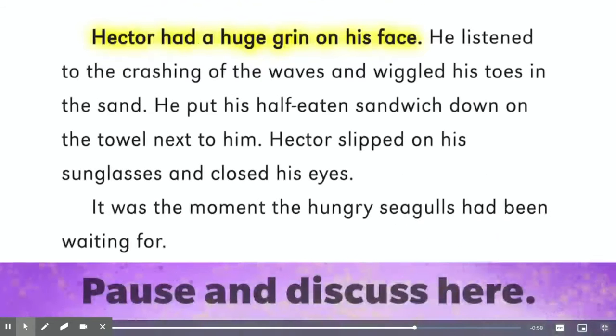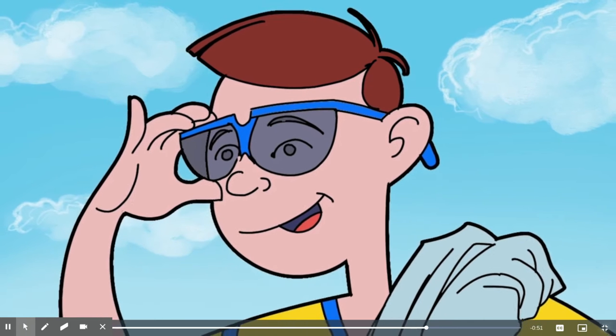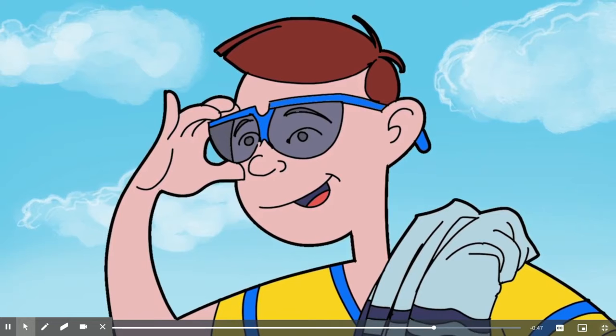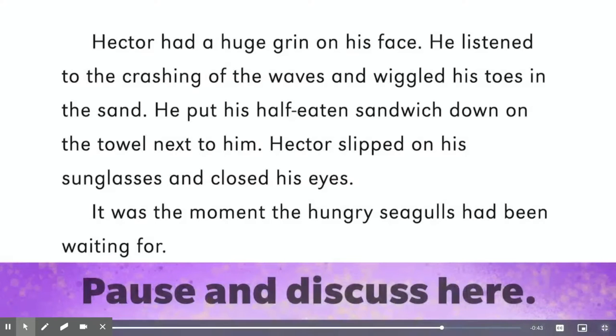What can you infer about Hector from the first line? Okay, so if he had a huge grin on his face, he's happy, right? He's happy. But the author didn't say, Hector is happy. You had to figure that out. And what are the clues that tell you where Hector is?